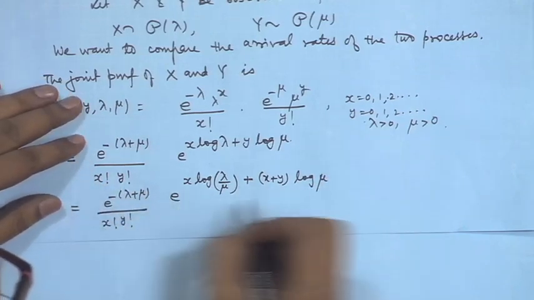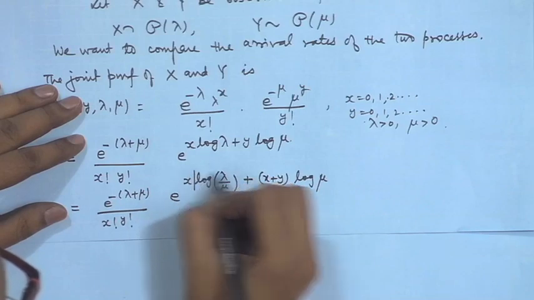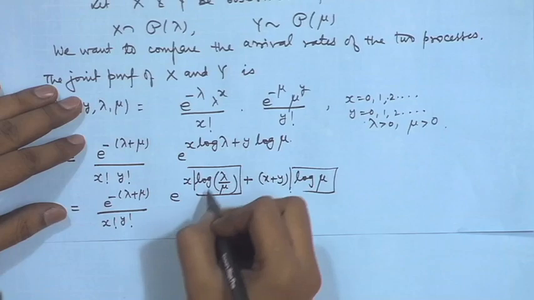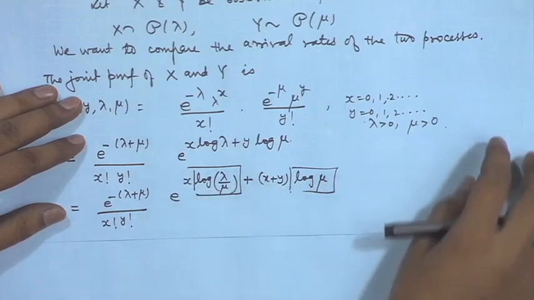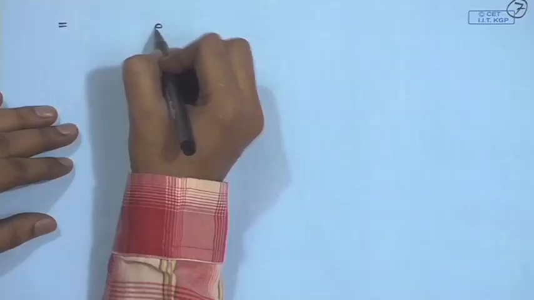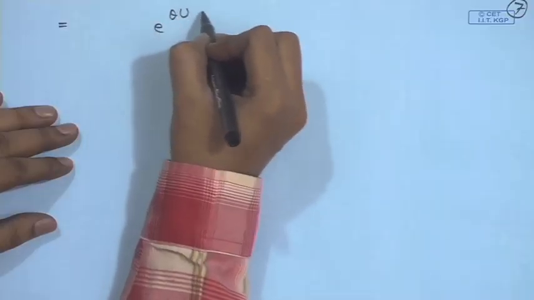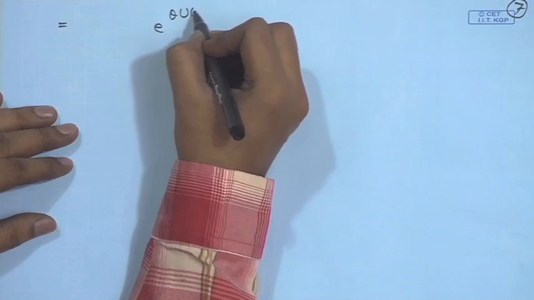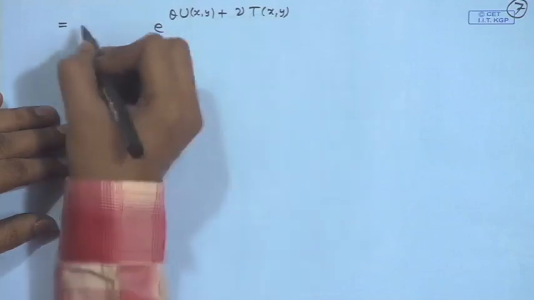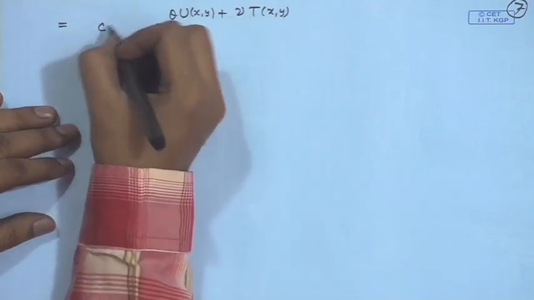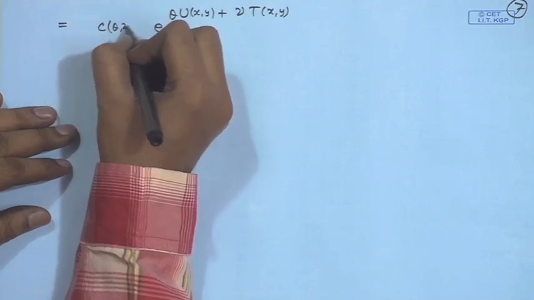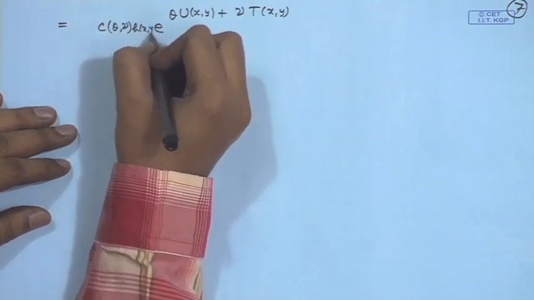So, now you can see this entire thing has become in the same form. I can consider this as some theta, this as nu, this as u and this as t. So, I write the whole thing as e to the power theta u(x,y) plus nu t(x,y) into a function of theta and nu and a function of x, y.